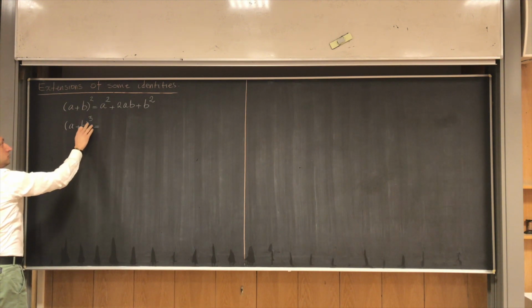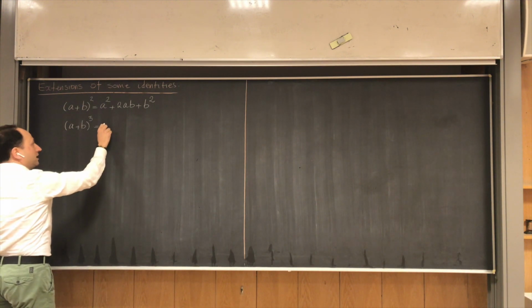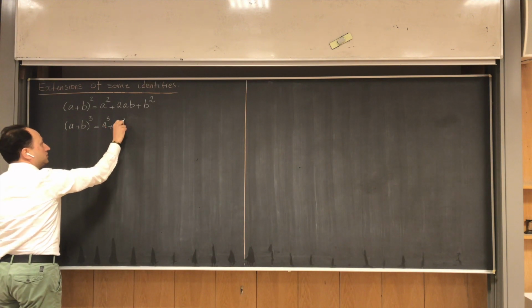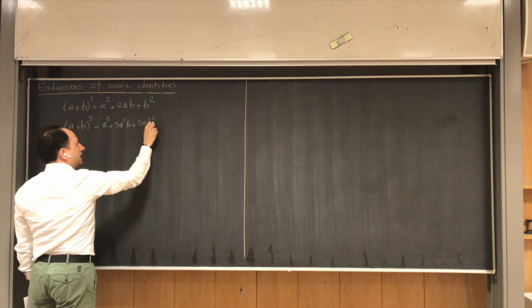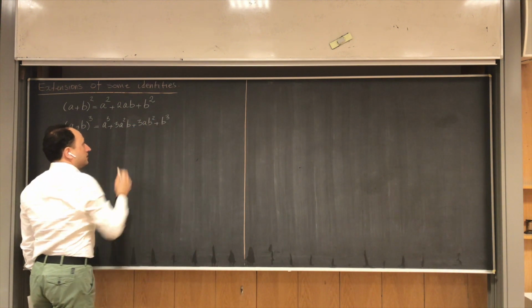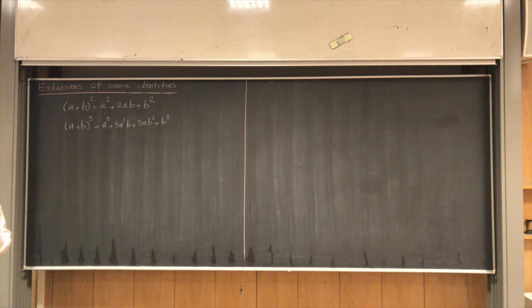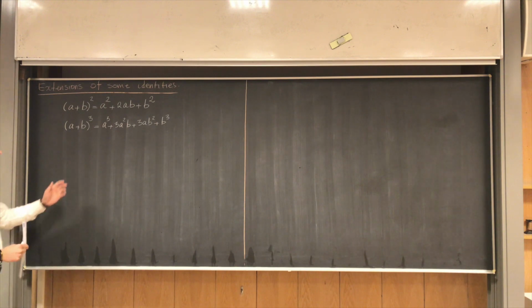Now you have your binomial to the power of 3. So what happens is that you have a cubed plus 3a squared b. If you remember, it's 3ab squared, and then I have b to the power of 3. Okay? So far, you can see some pattern is actually going on.